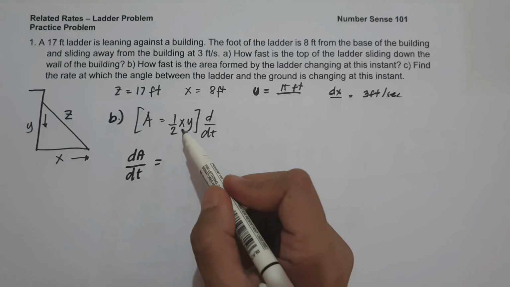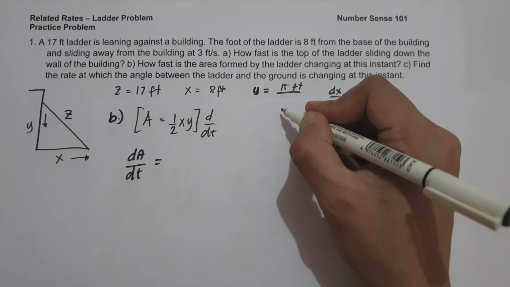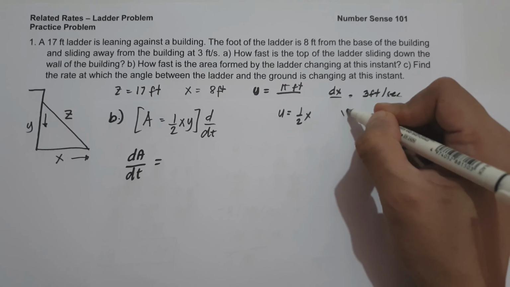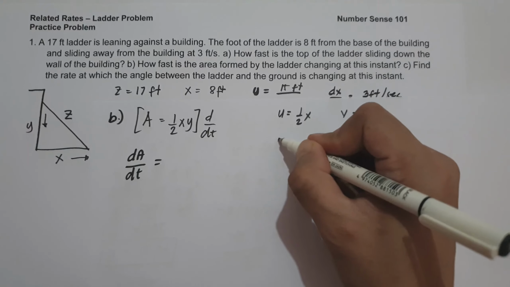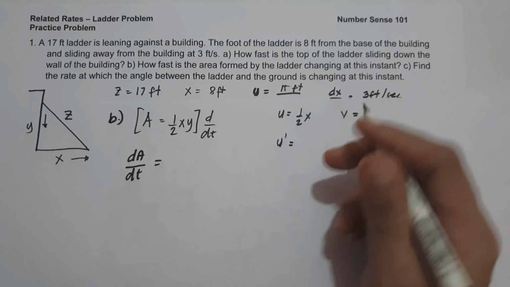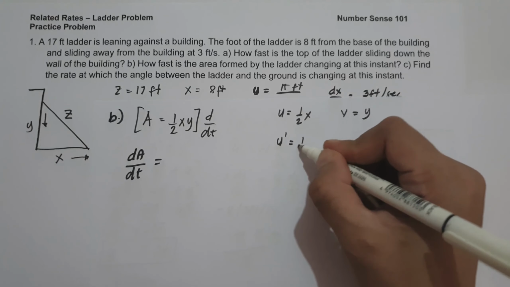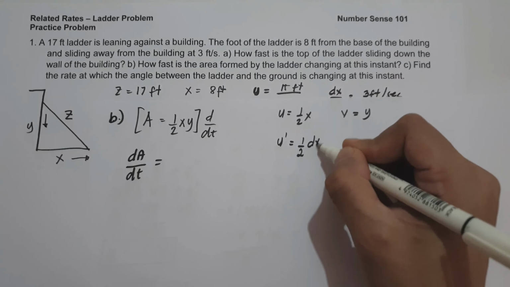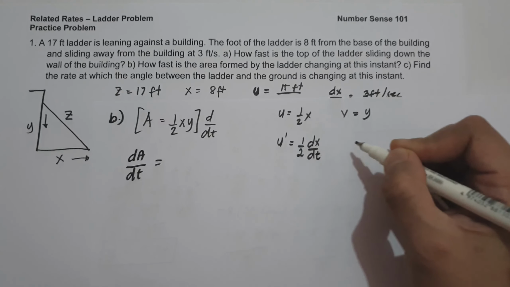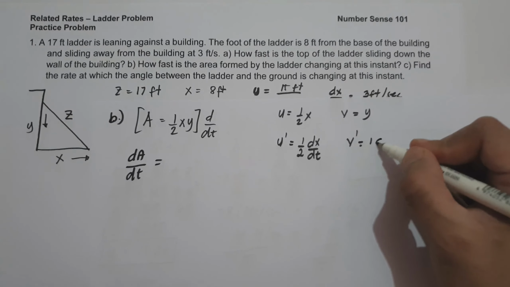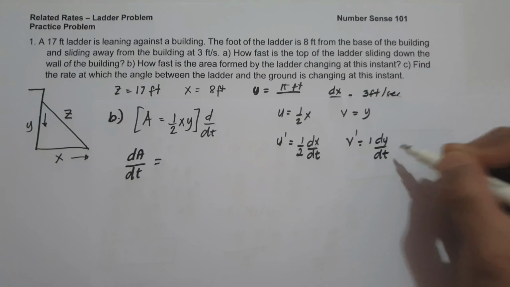Since we have a product of x and y, let us have u as 1/2 x and v as y. u prime, the derivative of 1/2 x with respect to time, is 1/2 dx over dt. And v prime, the derivative of y, is 1 dy over dt.